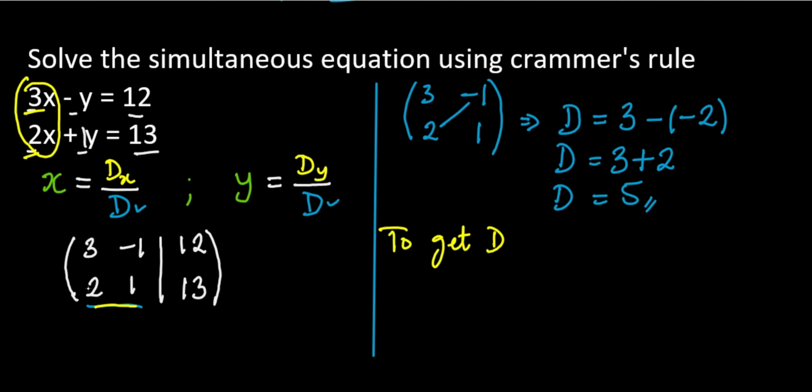So instead of writing 3 and 2, we write 12 and 13, and we have minus 1 and 1. Now you find the determinant of this.